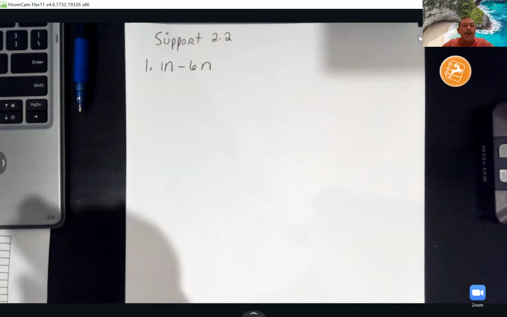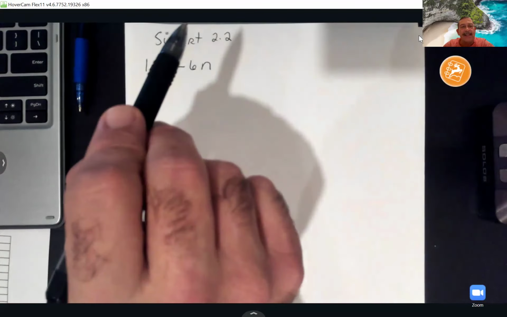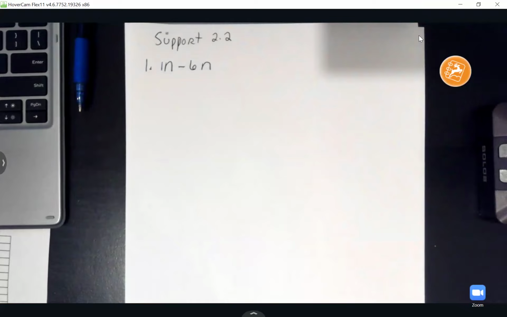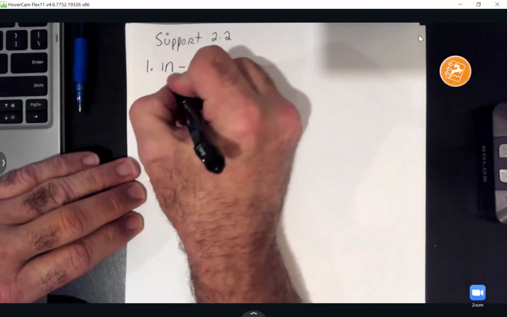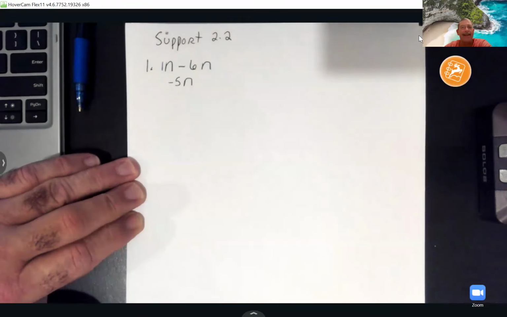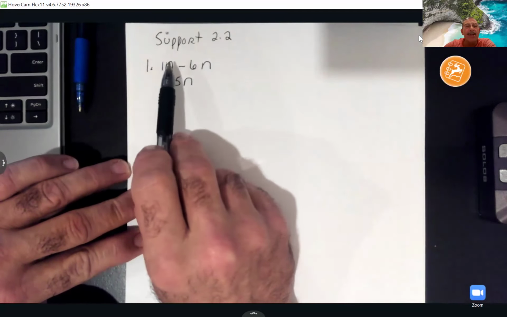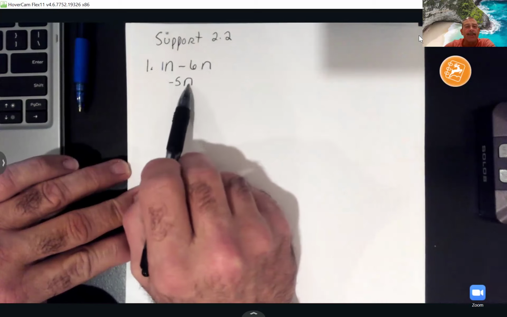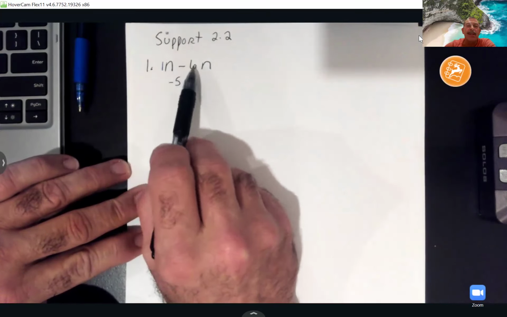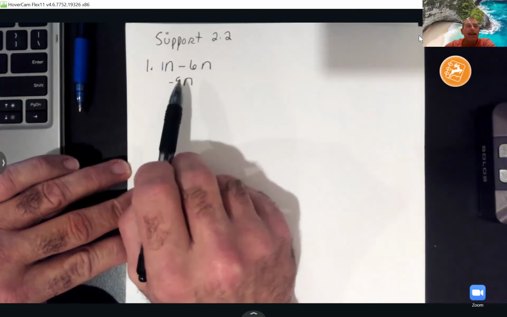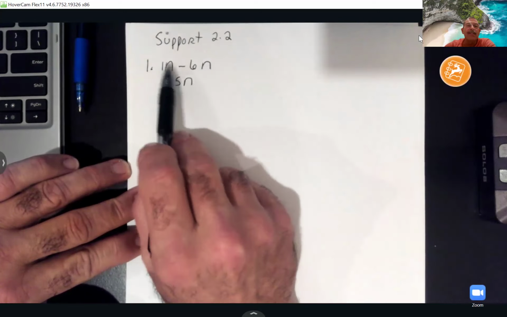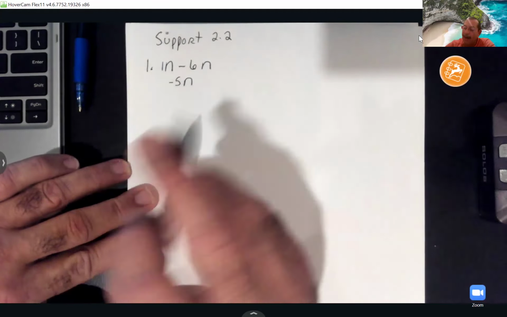Well, then what is 1n minus 6 n's? Negative 5 n. There you go. So y'all, here's the thing. Adding and subtracting, you never change the like terms. All you can change is how many you got, okay? But we can never change the variable when we're adding and subtracting.